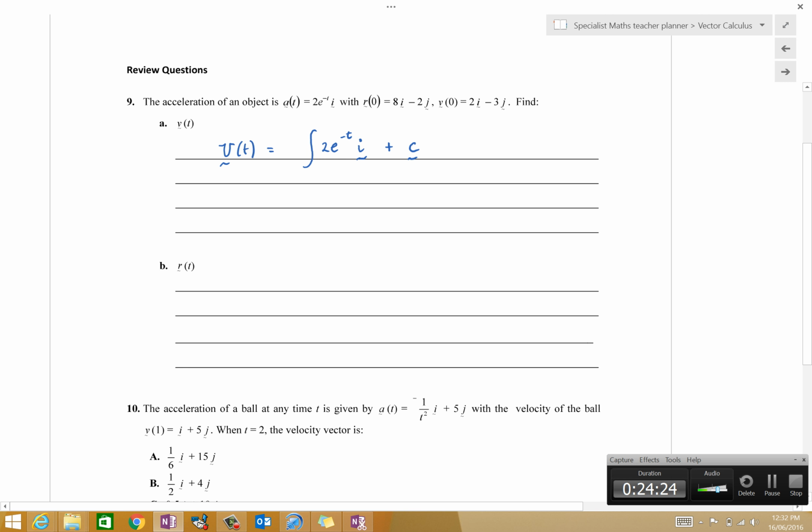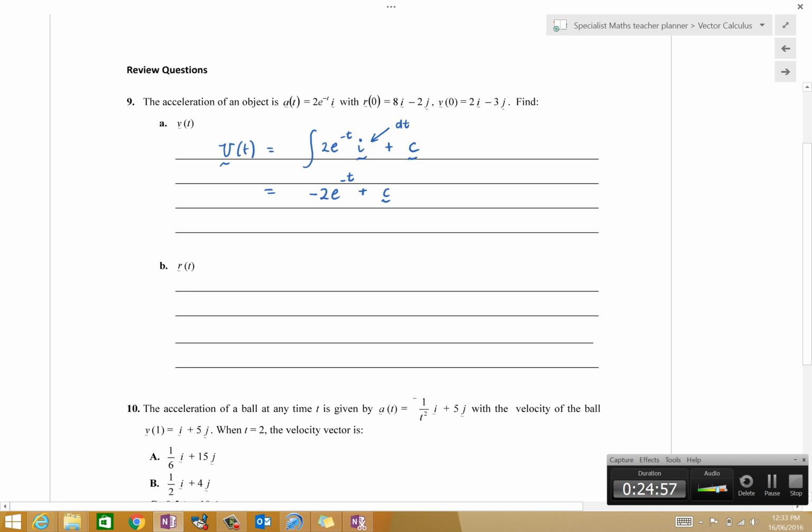Now remember, what are we anti-deriving that with respect to? t. So there's a dt that goes there. Now, what do we do to the power? We have to divide by the derivative. So that's going to be minus 2 e to the minus t plus this constant here, which is a vector.